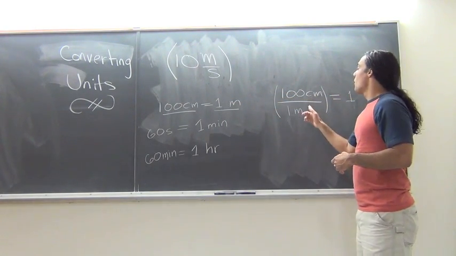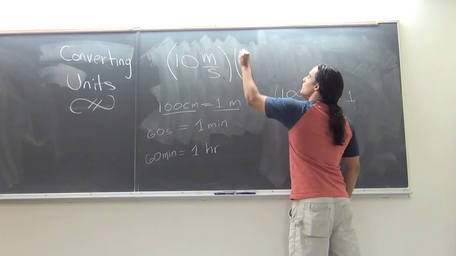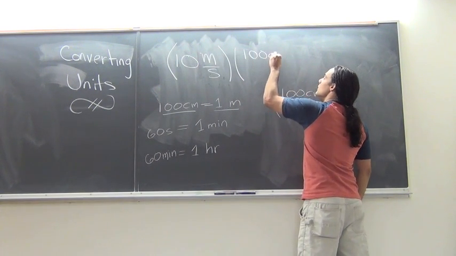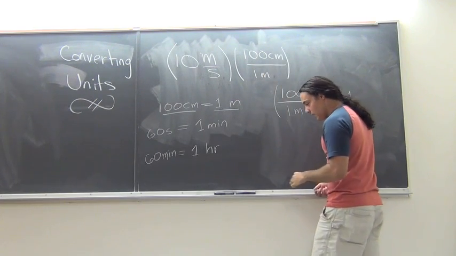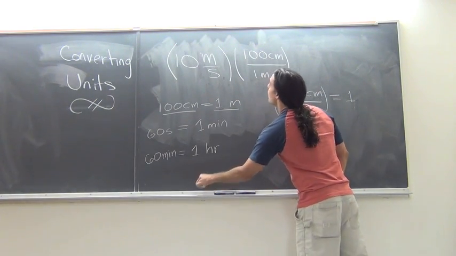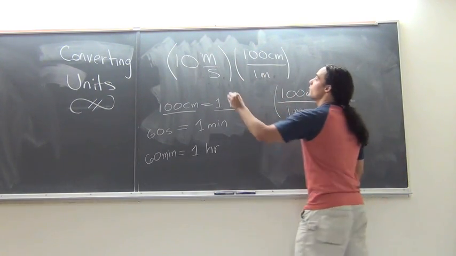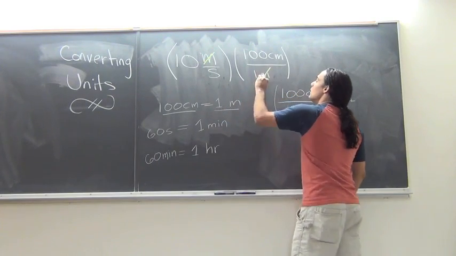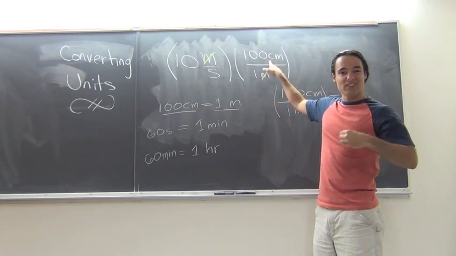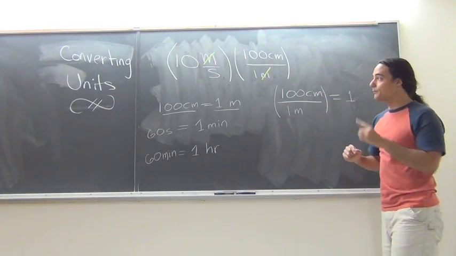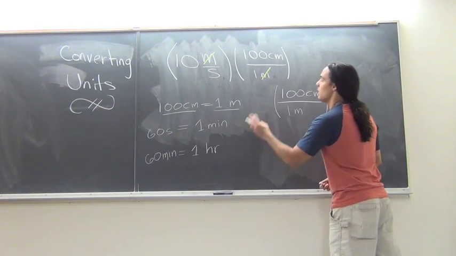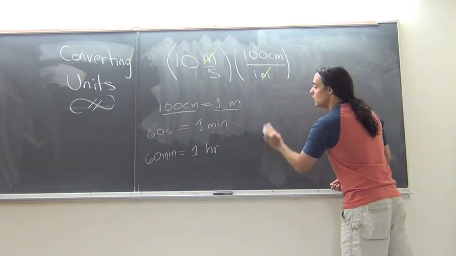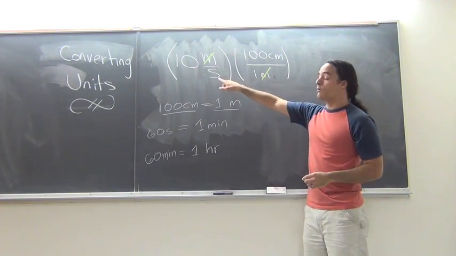But when I do that, we can see our meter units are going to cancel out. So now my units are going to be centimeters per second. Now, I can do the same thing to get rid of seconds.